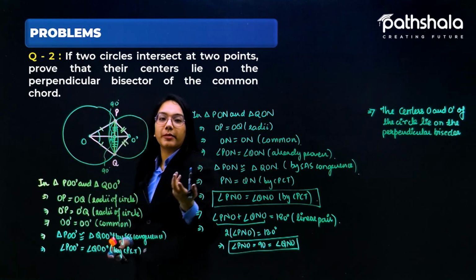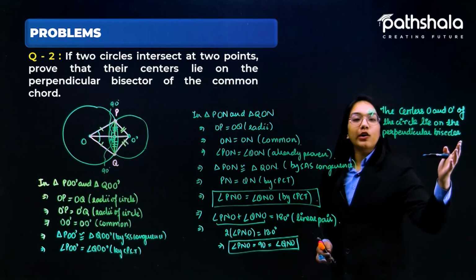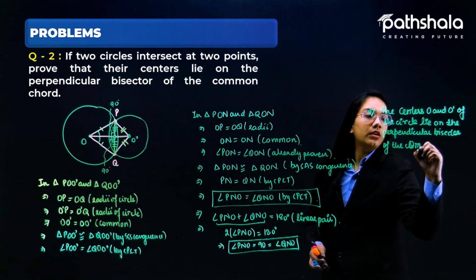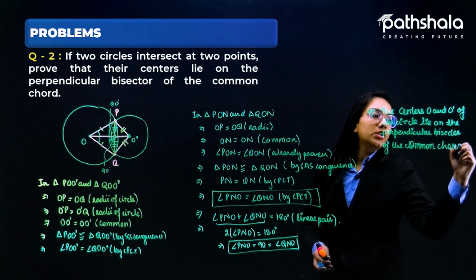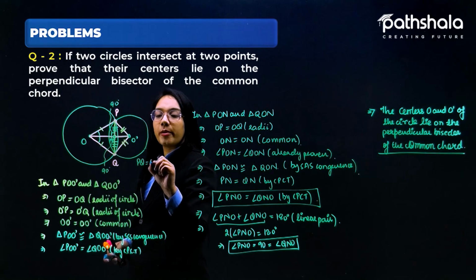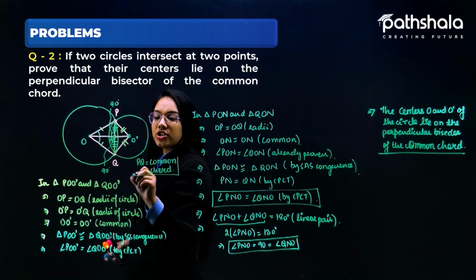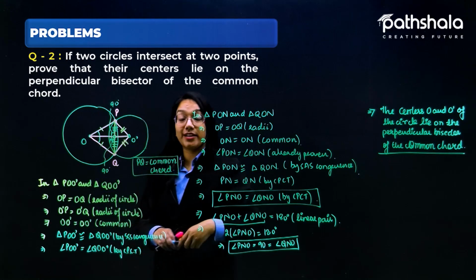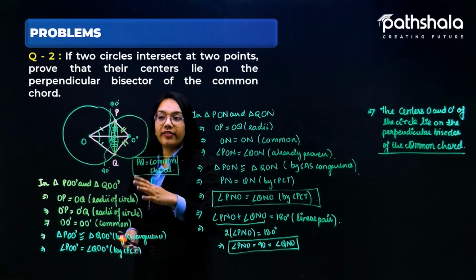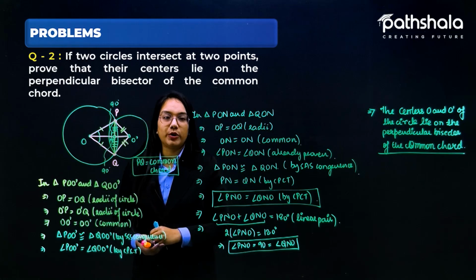So OO dash is a perpendicular bisector of PQ. They are lying on the perpendicular bisector of the common chord. PQ is the common chord over here, and OO dash is the perpendicular bisector of it. So this is all about question number 2.